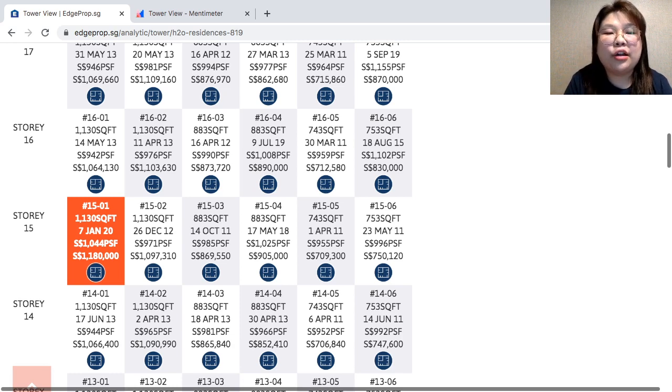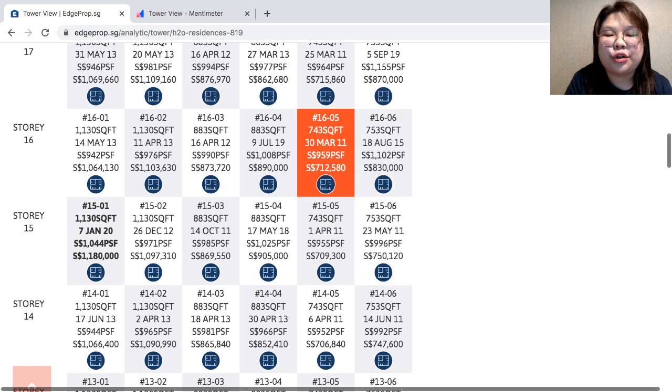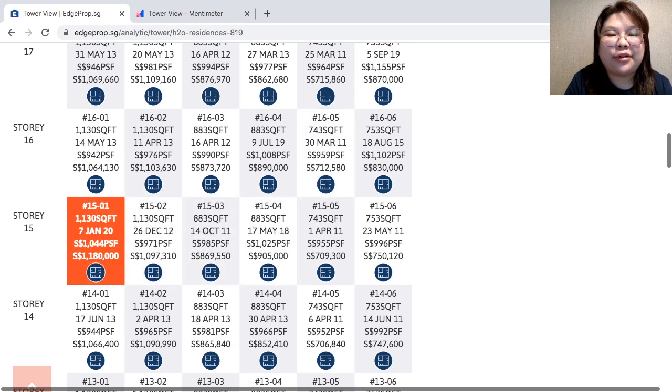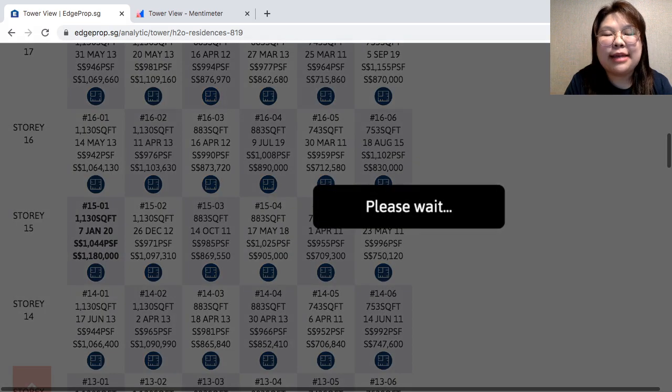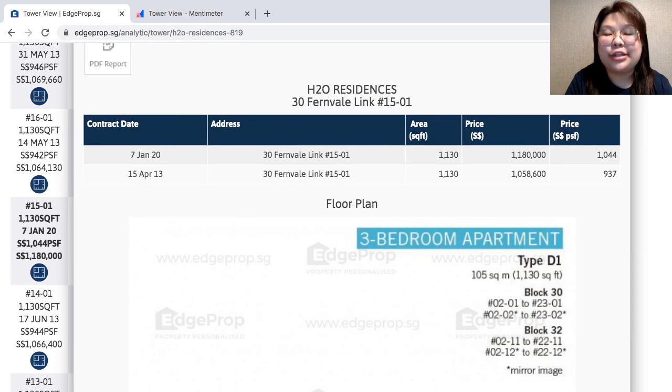All of these grids basically show the latest caveated transaction for that unit. If you click into each of these grids, you would be able to see all the transactions that happened for that unit. Same thing, I clicked on the unit 1501, but now you will see that there are actually 2 transactions for 1501.